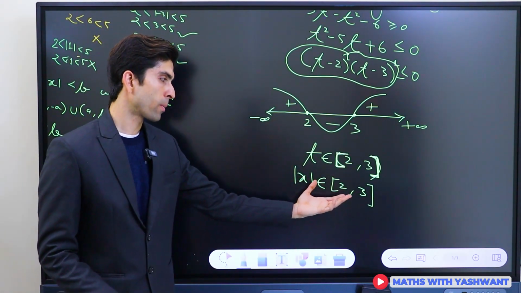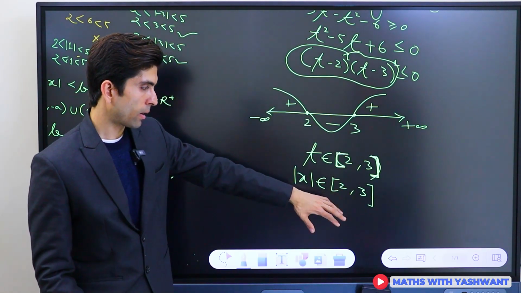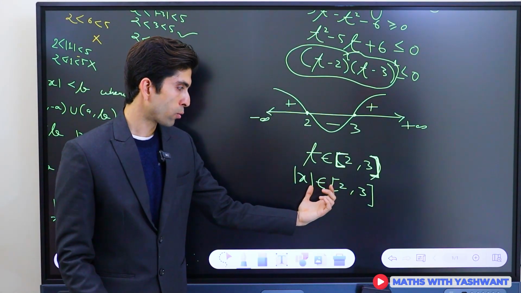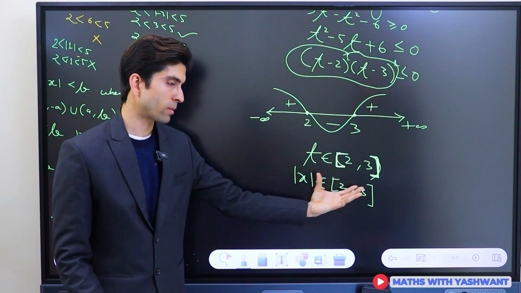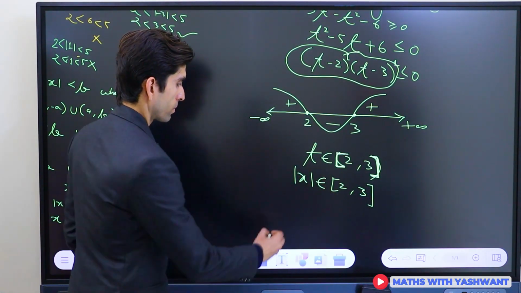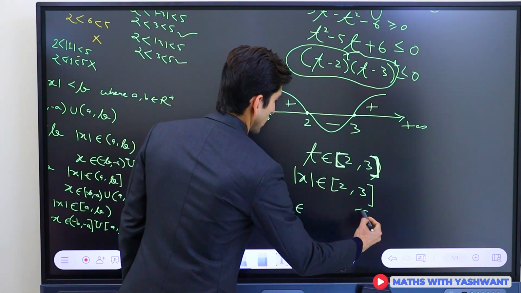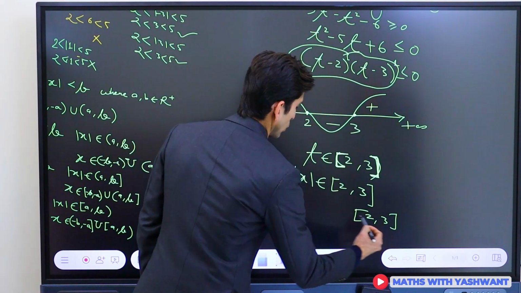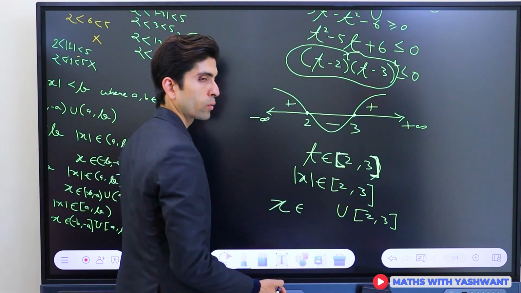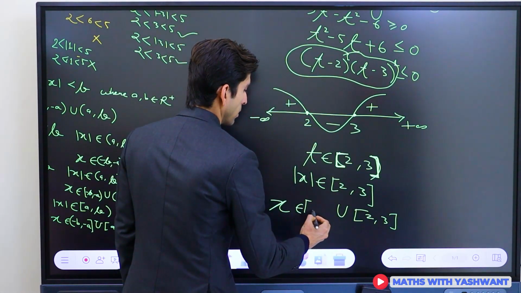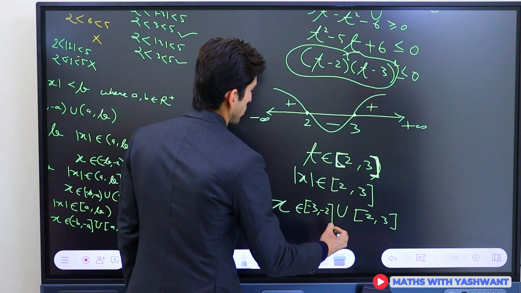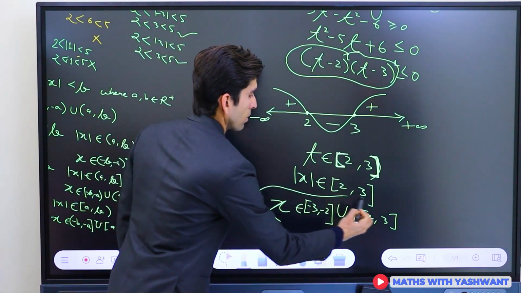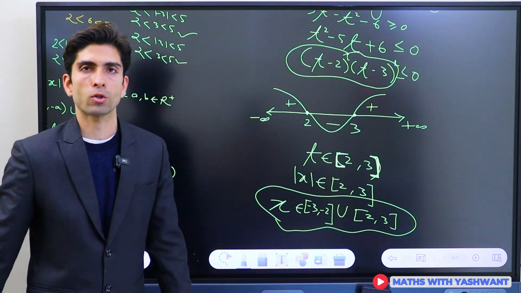Just a couple of minutes back I was saying how to get the values of x if mod of x is given in this way. So we write this interval 2 to 3 as it is with a union on the left side, and we multiply this interval with a negative sign to get negative 3 to negative 2, and that's all. This is the domain for our required functional expression.